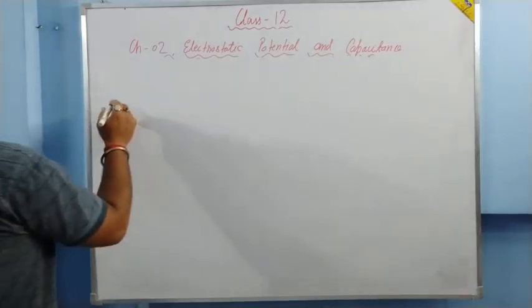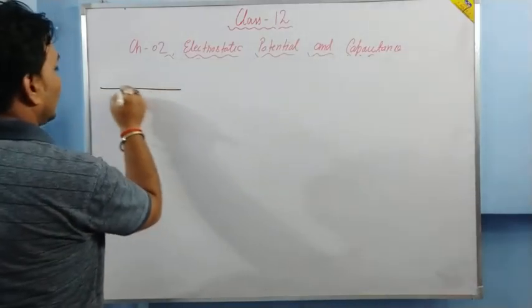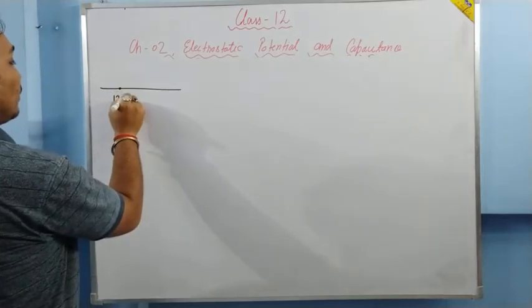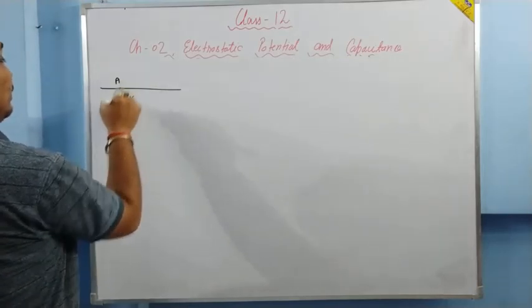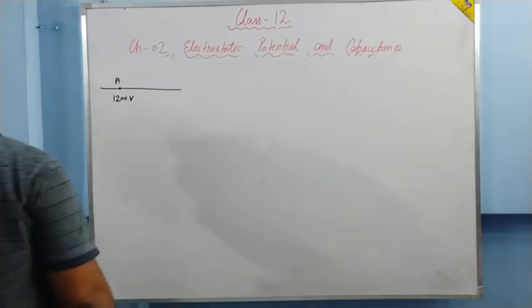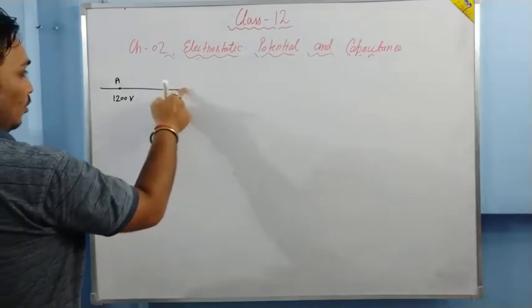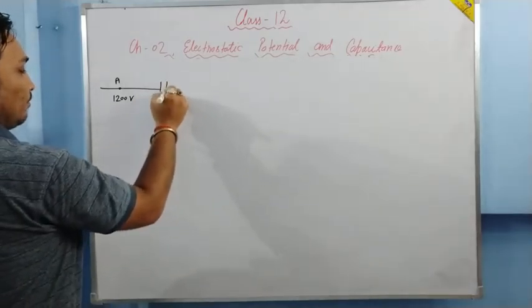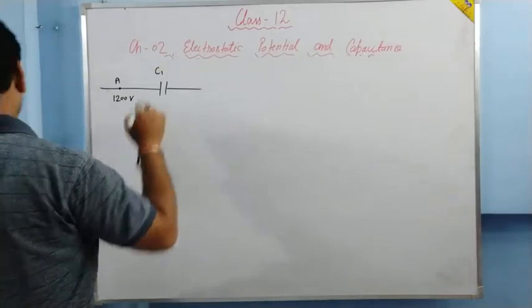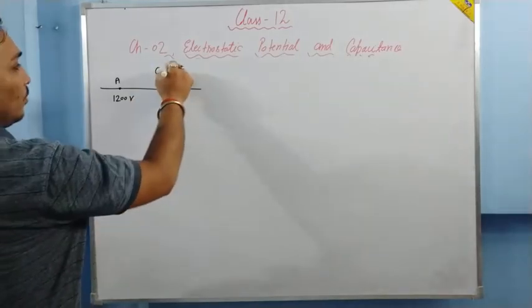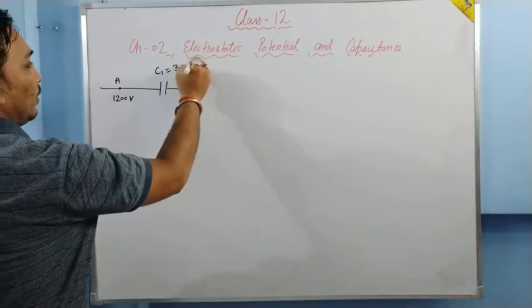a circuit is given but in a different manner. Here is a point A which is given as 1200 volts. Now one capacitor is connected over here, that is C1, and it is equal to 3 microfarad.